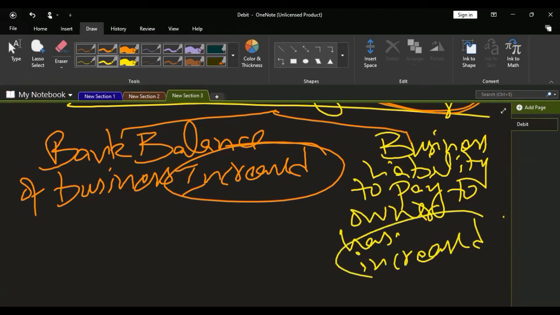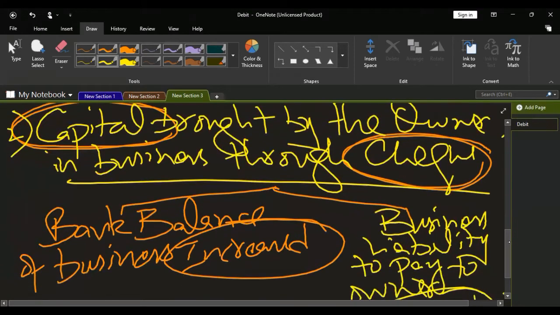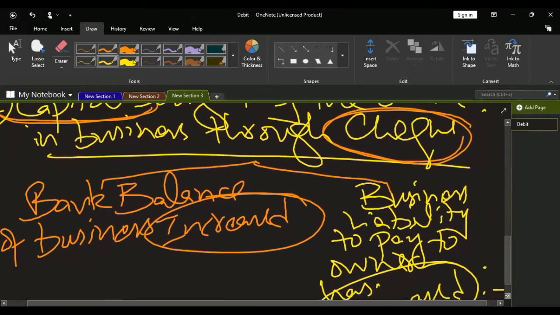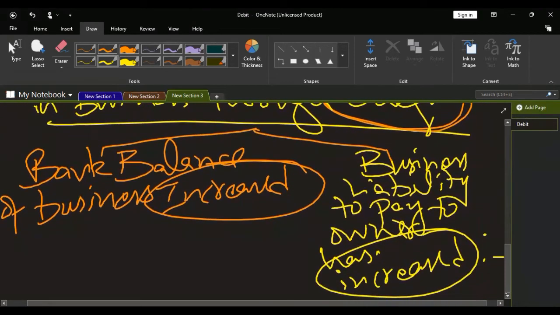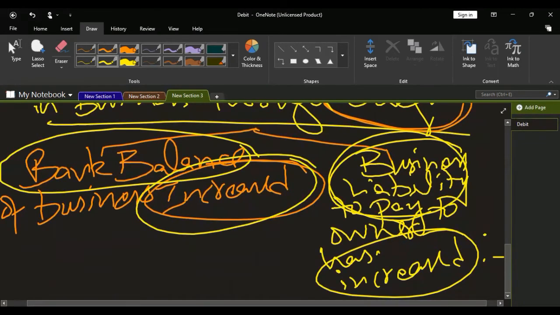So whenever capital is brought by the owner in the business through a check, your mind should instantly hit that the business liability to pay towards the owner has increased, and the business bank balance has increased.